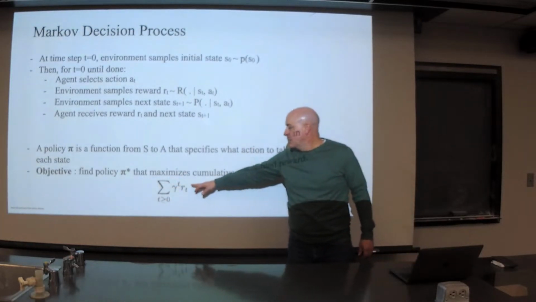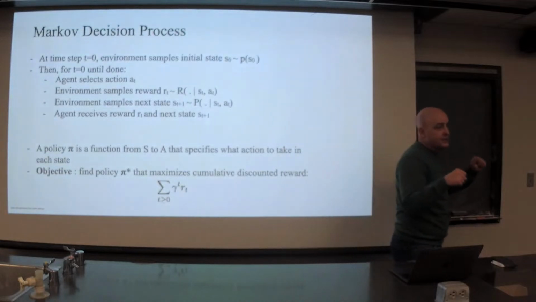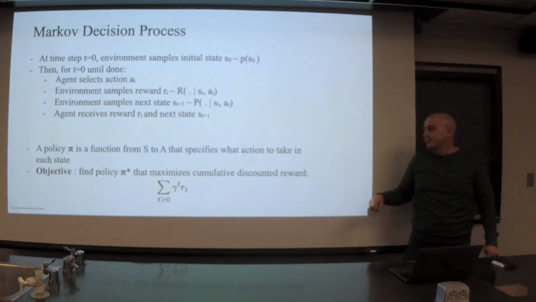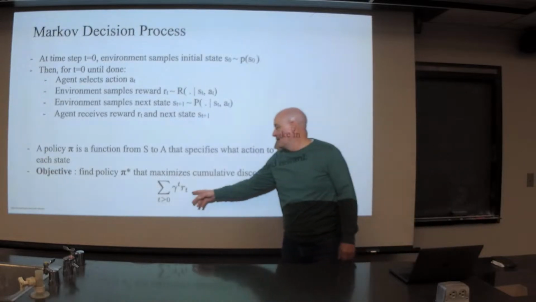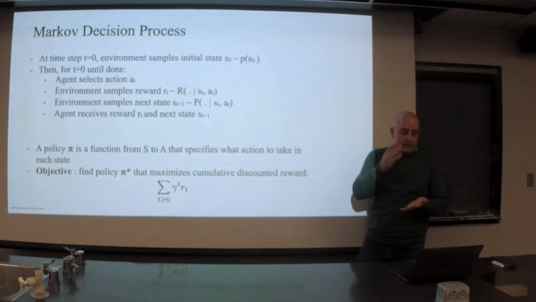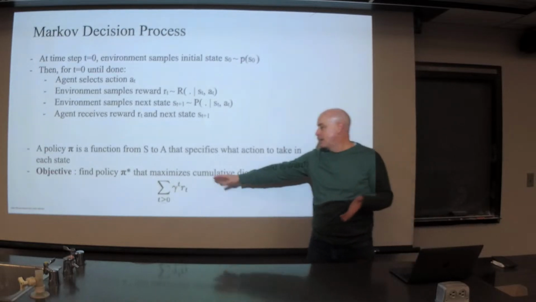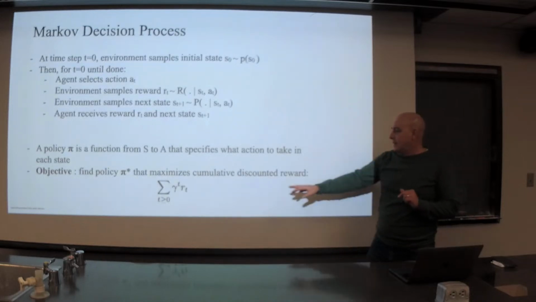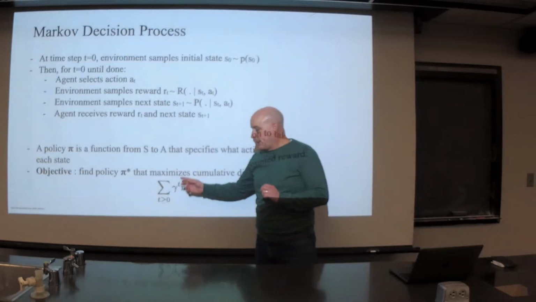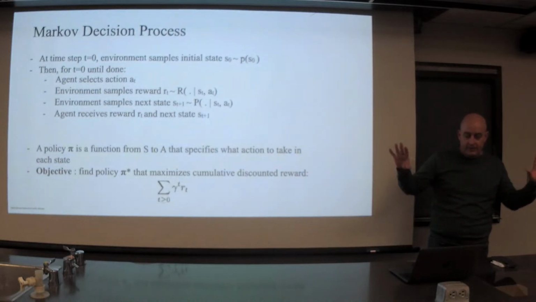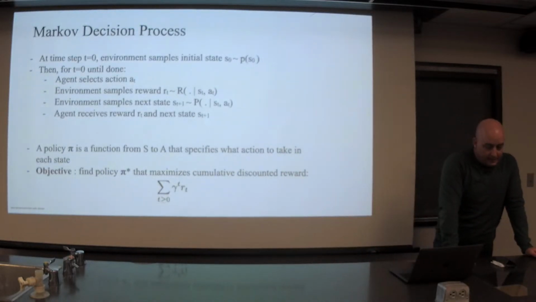As the agent acts in this environment, it's receiving rewards, right? A reward at time 0, time 1, time 2, and so forth. And we could think about maximizing just the full sum of those rewards. But there are two problems.